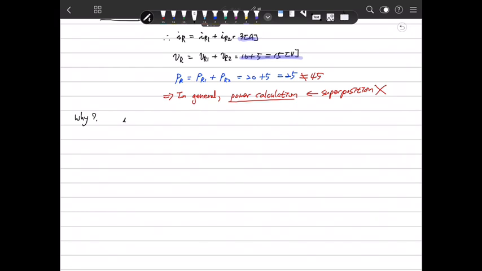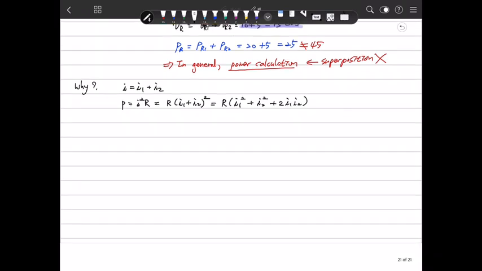Because when you say I is I1 plus I2, and power is I square R, therefore it is I1 plus I2 squared. That means I1 square plus I2 square plus 2 I1 and I2.